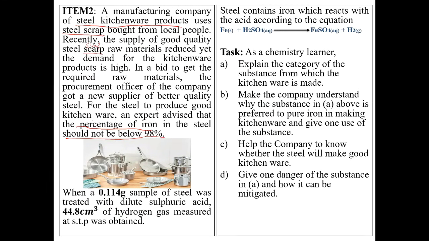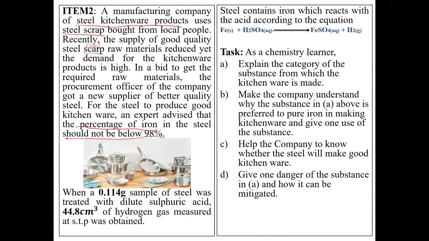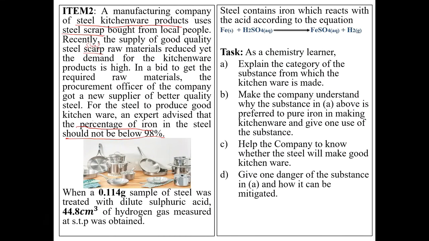So this is something that we need to note, because maybe it is going to help us in one way or the other. So that is the support material. This is another item that came in one of the mock exams. I believe some of you could have come across such an item, and today we are going to see how best we could maximize all the scores to this item.